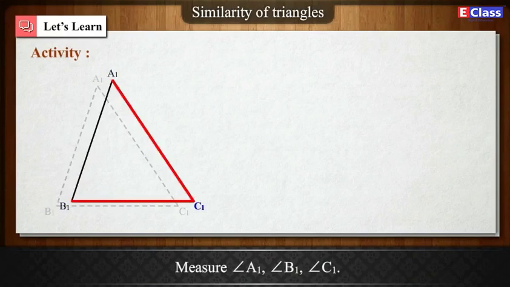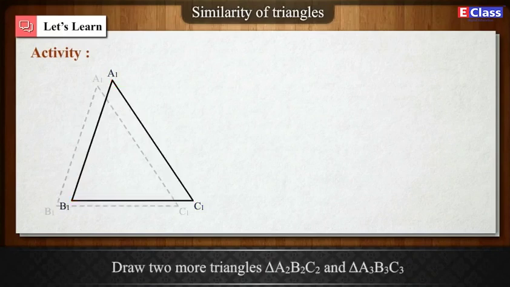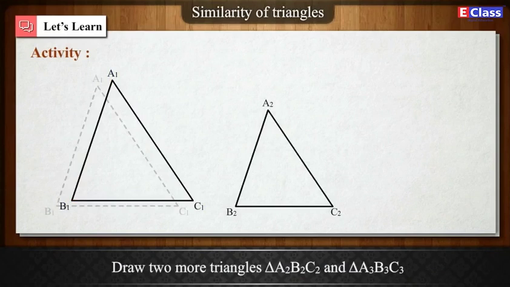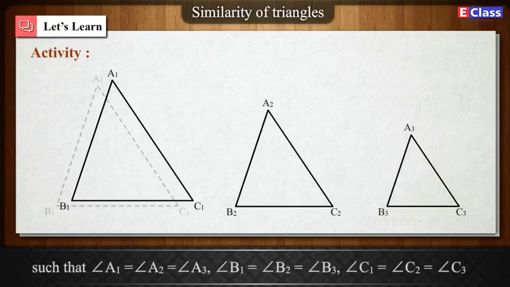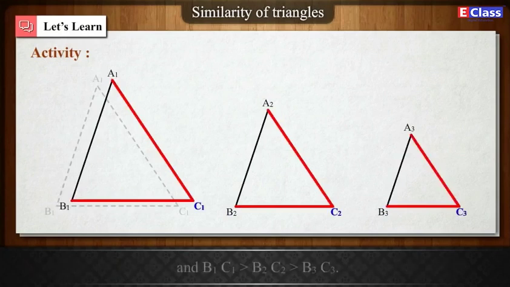Draw two more triangles, triangle A2 B2 C2 and triangle A3 B3 C3 such that angle A1 is equal to angle A2 which is equal to angle A3. Angle B1 is equal to angle B2 which is equal to angle B3. Angle C1 is equal to angle C2 which is equal to angle C3. And B1 C1 is greater than B2 C2 which is greater than B3 C3.